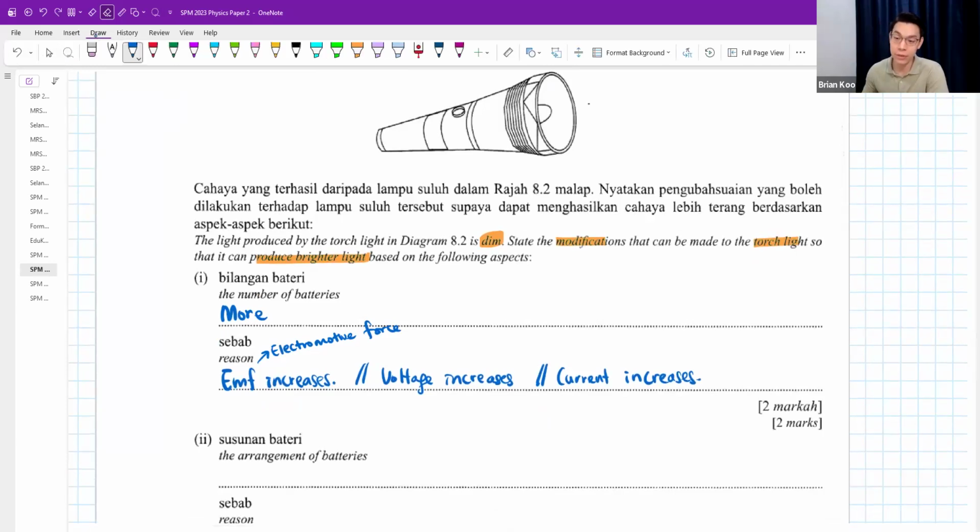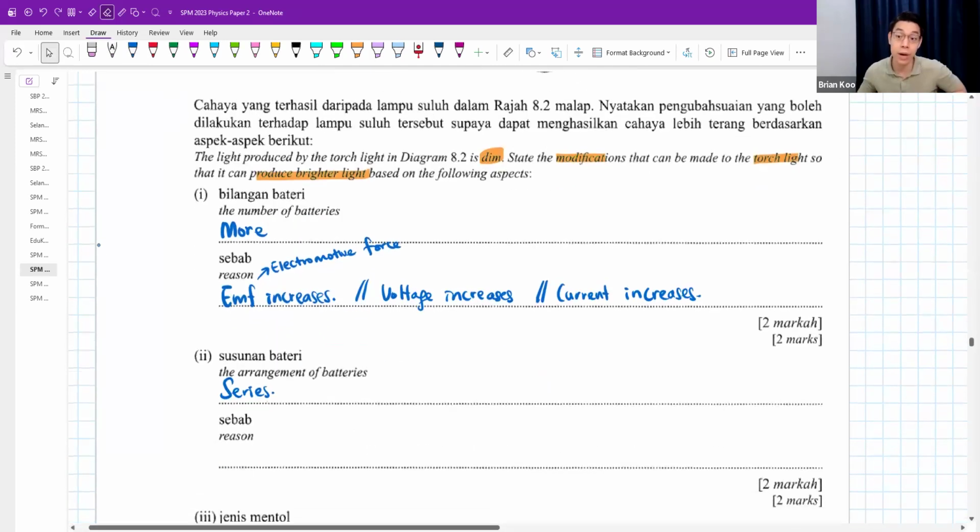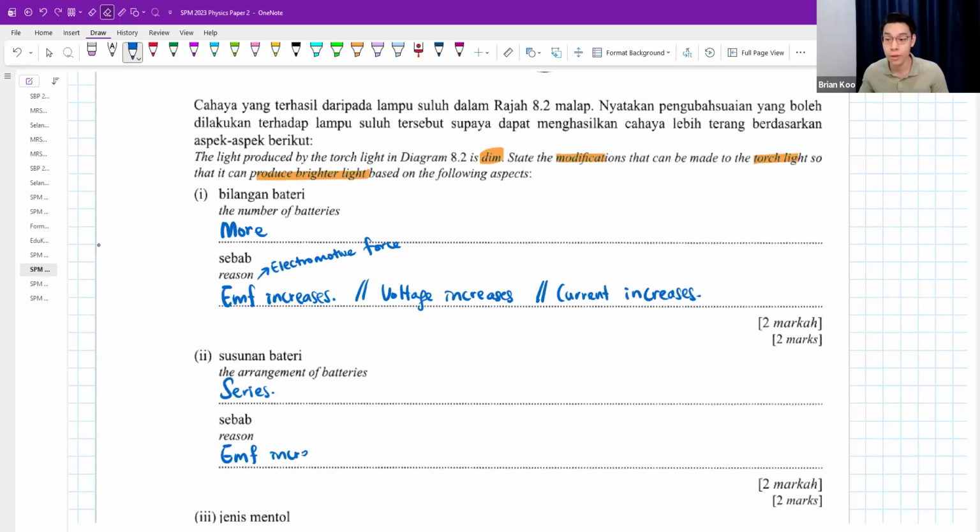For batteries, if you put them in series, then you will make the bulb brighter, because in series, the e.m.f will go up. Voltage goes up also can. More e.m.f always means more voltage, or current increases also can.